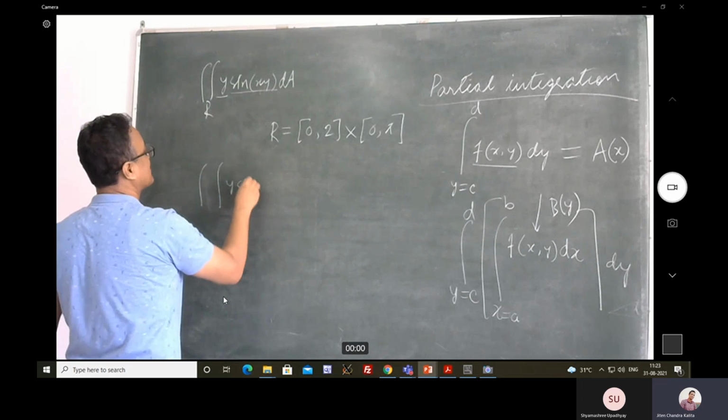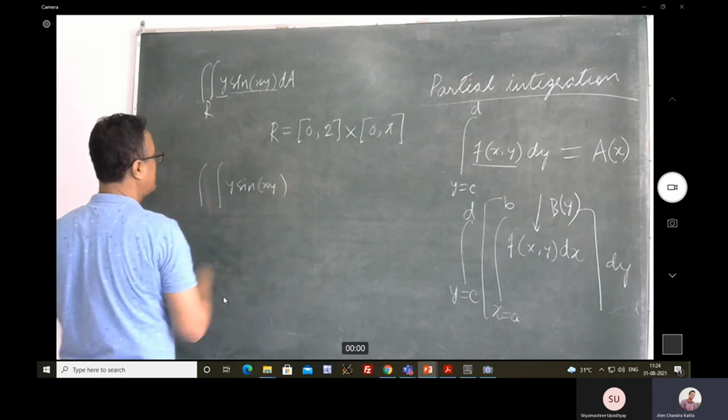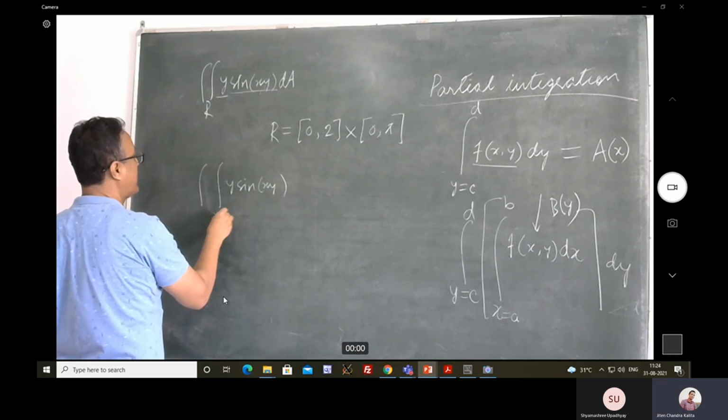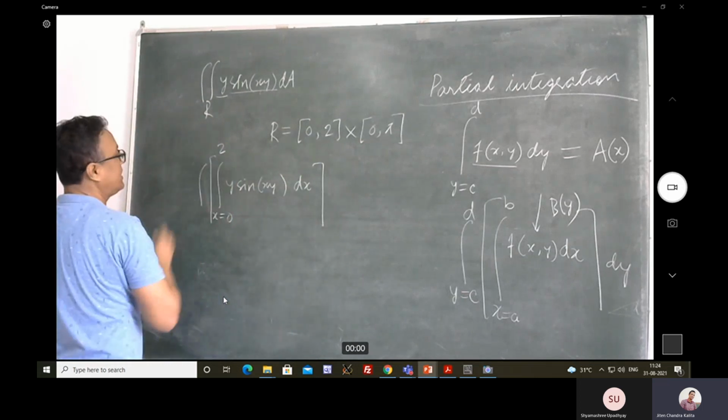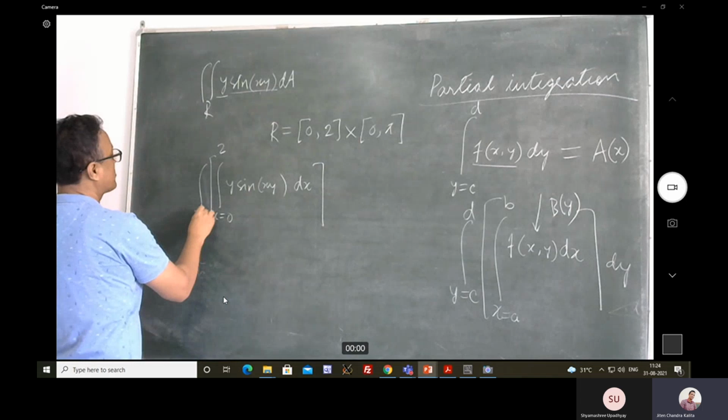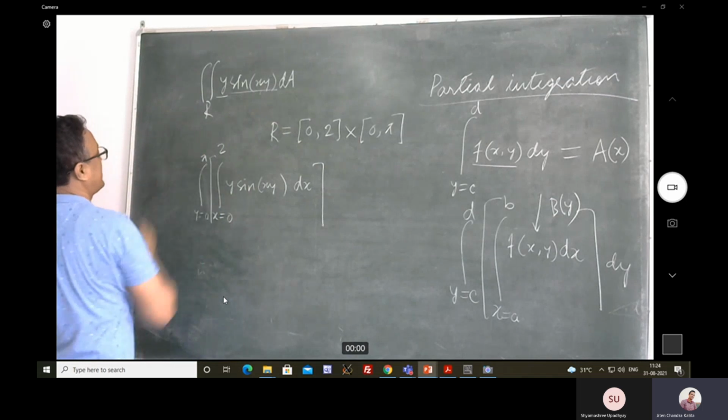So y sine xy, since I'm integrating with respect to x, so x equal to 0 to 2, it is dx, and then y equal to 0 to pi.